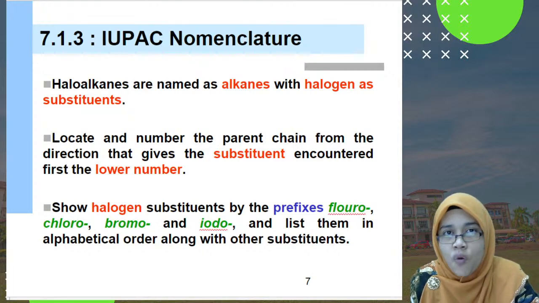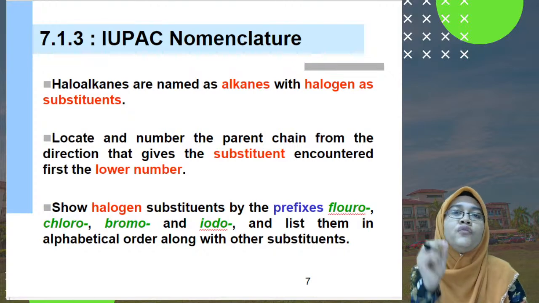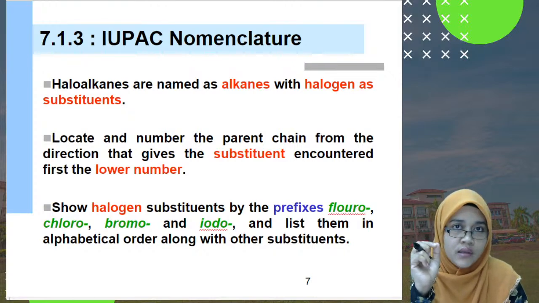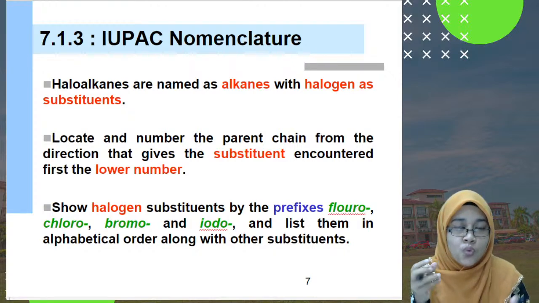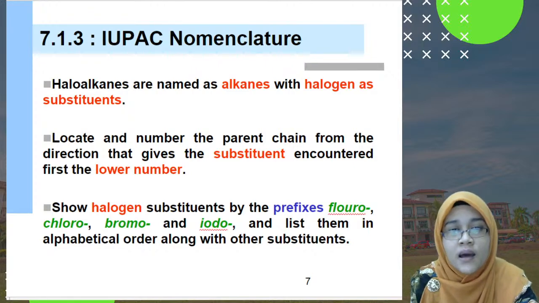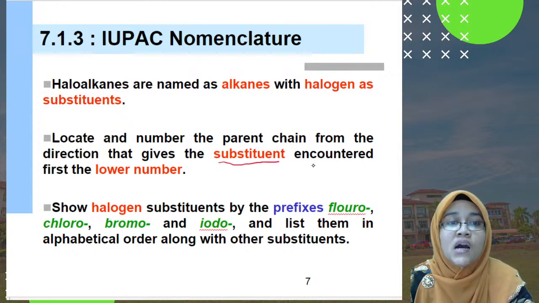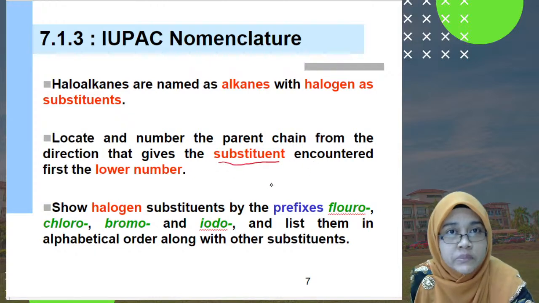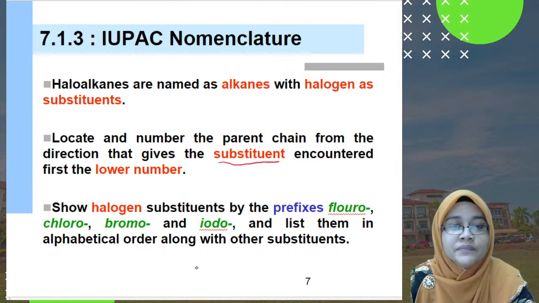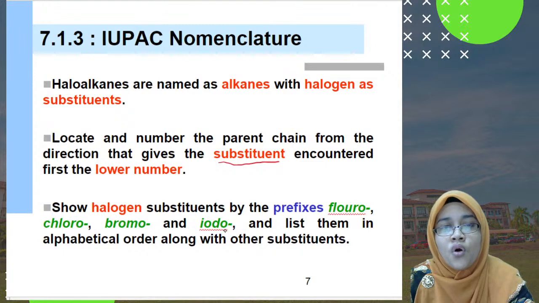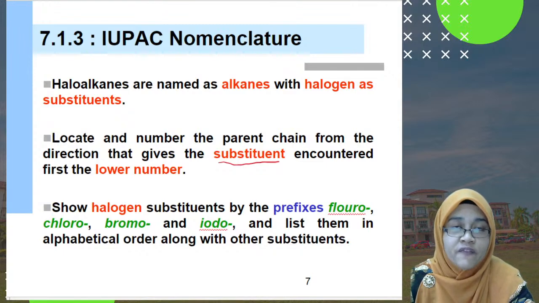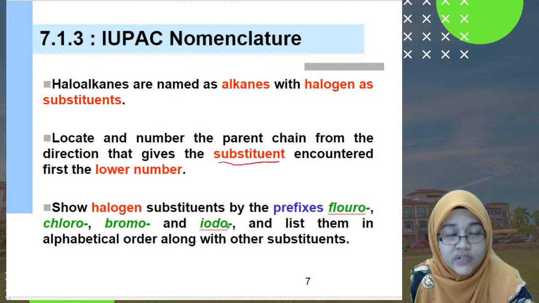The first and foremost important thing you have to know is to number the parent chain so that your substituents, which are your halogens, get the lowest possible numbers. When you have 2 or more halogens, we can use prefixes like di, tri, tetra.